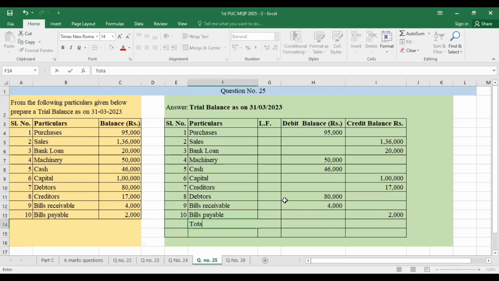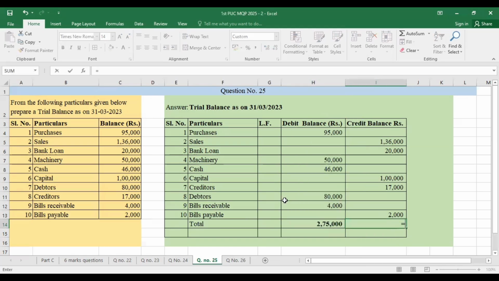So now let us total. We have taken all the 10 items into consideration under trial balance. So let us total it, like 4,000 plus 80,000 plus 46,000 plus 50,000 plus 95,000, which comes to 2,75,000.